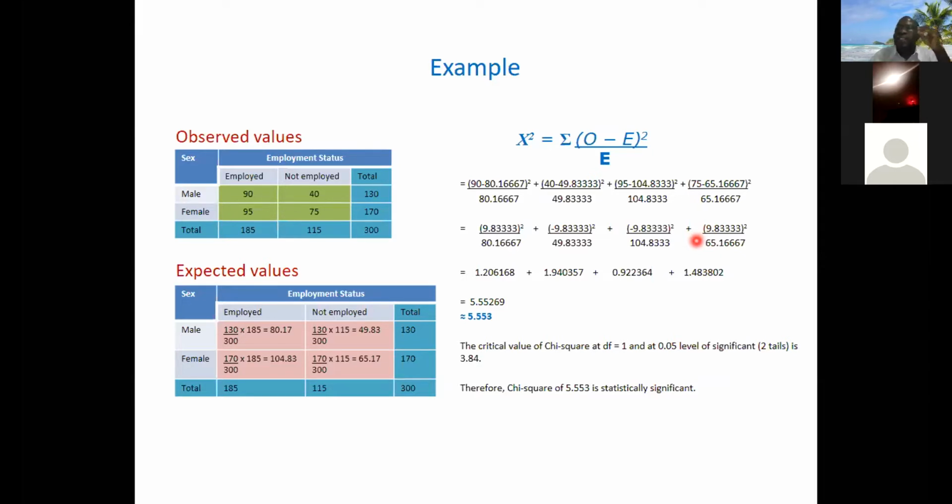I explained this when we were talking about summarizing quantitative data, when you wanted to calculate variance and standard deviation. They have calculated the mean. You want to know how far each value deviates from the mean.